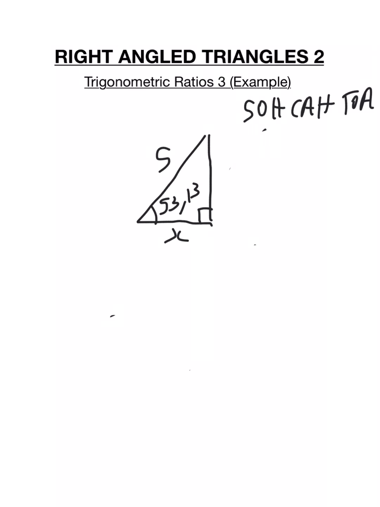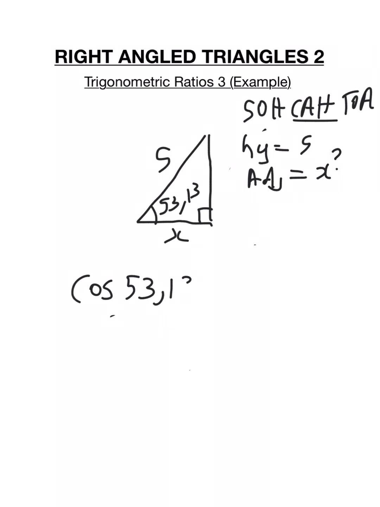So now our hypotenuse is 5 and we have the adjacent there, x, we are told to find. So where there is hypotenuse and adjacent, that is cos. So cos 53.13 is equal to adjacent, which is x, over hypotenuse, which is 5.